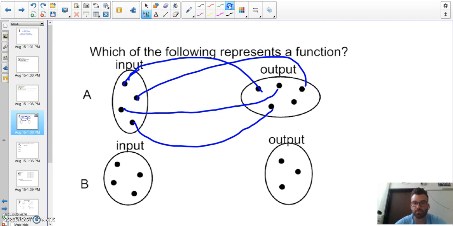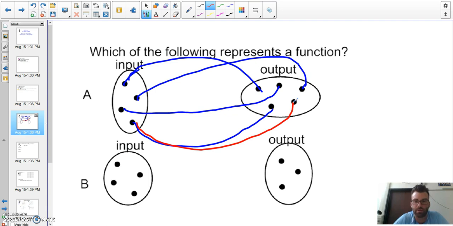Now we have this one dot left over without an input. So why don't we just take this one here and draw it to that dot as well. Uh-oh. Well, does part A represent a function?